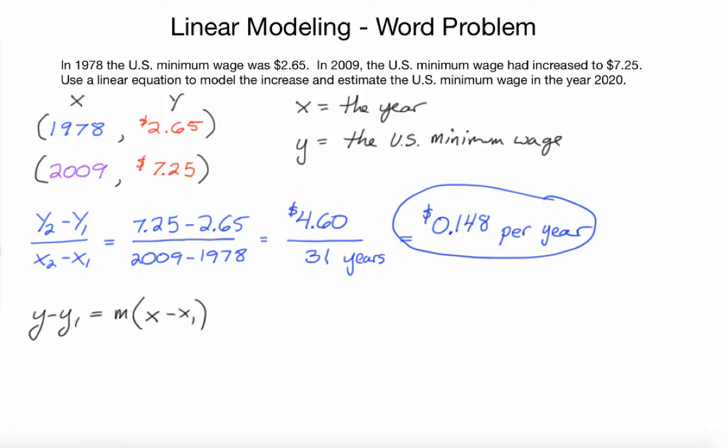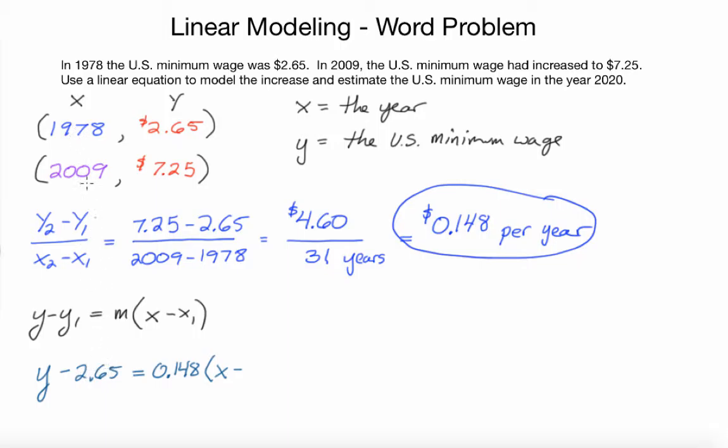All right, so I'm going to use this first point, the 1978, 2.65 point. So to get an equation, we have y minus our specific y1 value, $2.65, equals our slope, 0.148, times x minus x1.